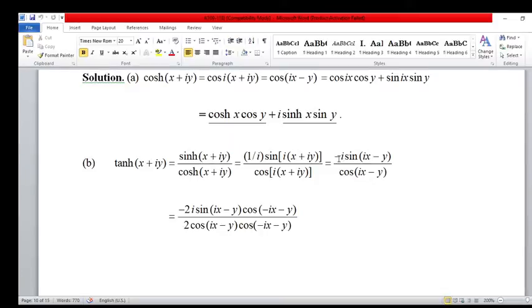Here we take minus i square, and i square means minus 1, so minus minus plus.